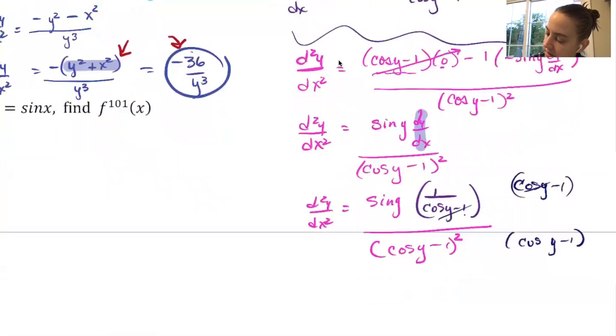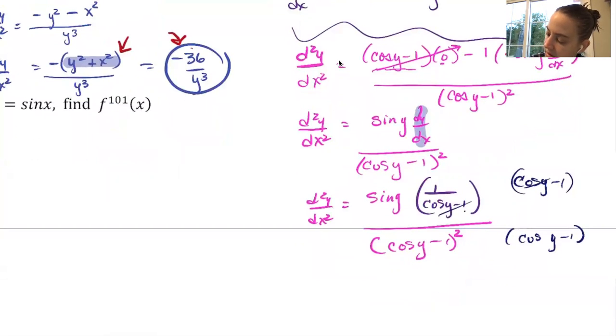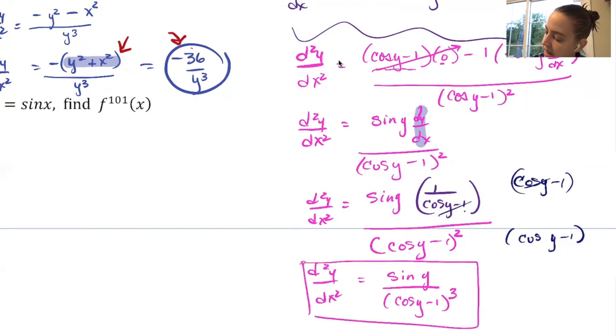I want this. So the derivative is sine of y. Now I have 3 of these cosine y minus 1, so that's kind of handy. Cosine y minus 1 quantity cubed. And that is your second derivative.